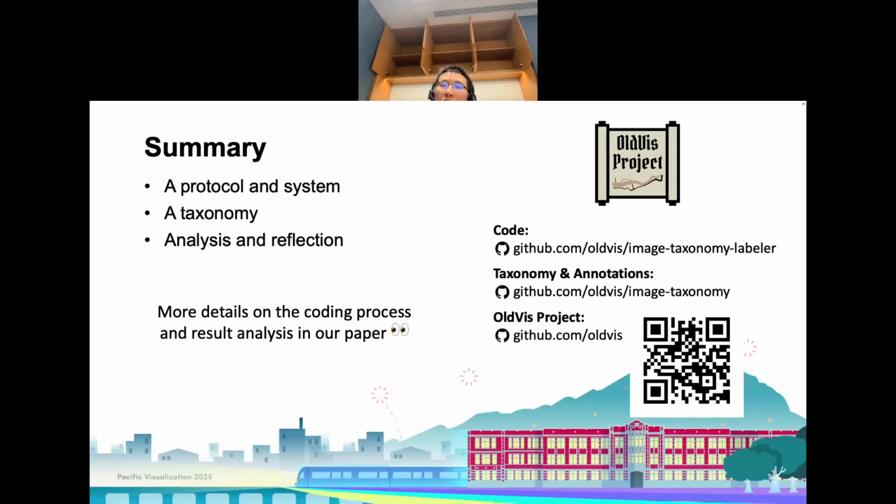But in our context, we are mainly focused on the visual appearance of the image, and if you consider the historical context, it will introduce much subjectivity, because when coding the images, different people will have different backgrounds and different interpretations of the images. So for the time being, we do not consider these contexts.